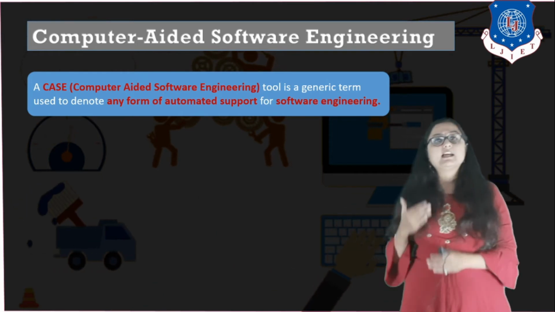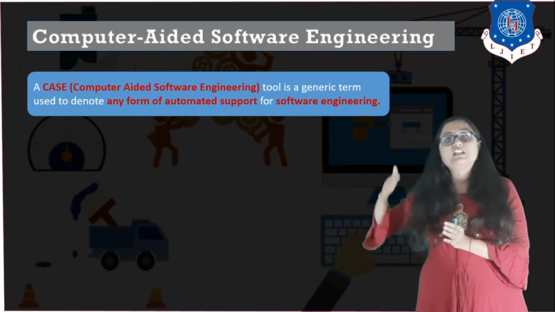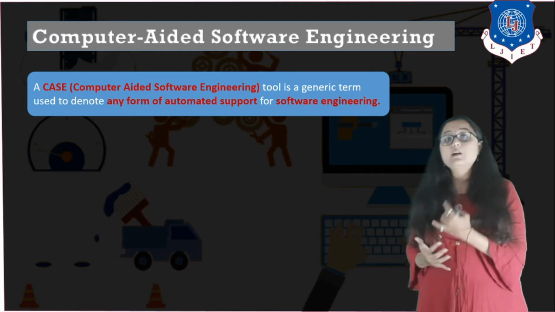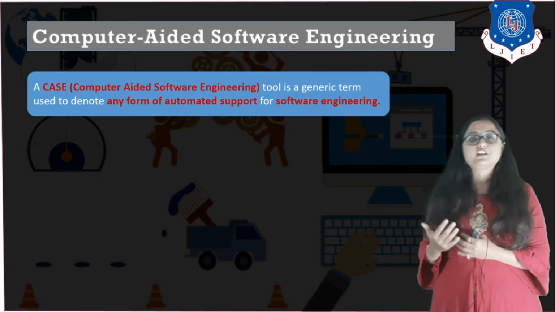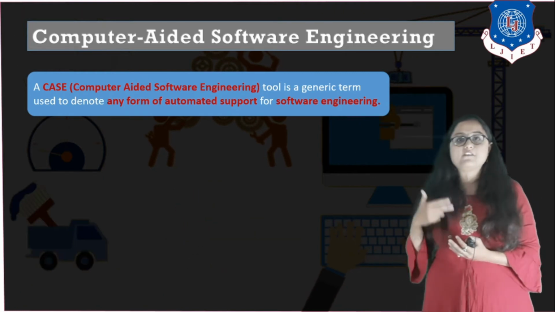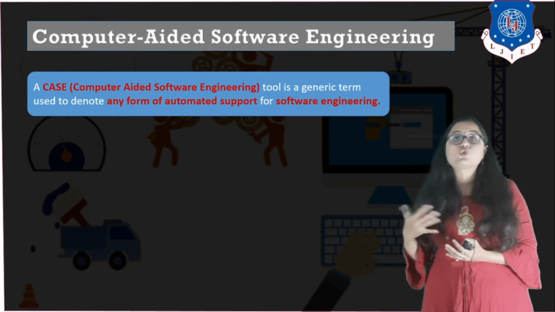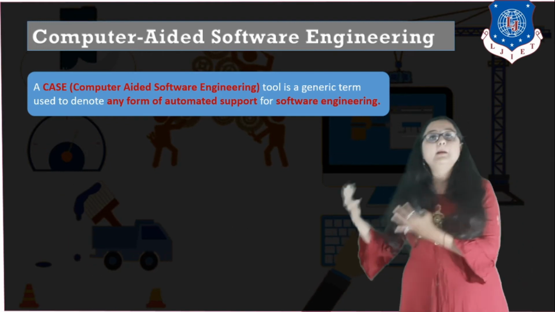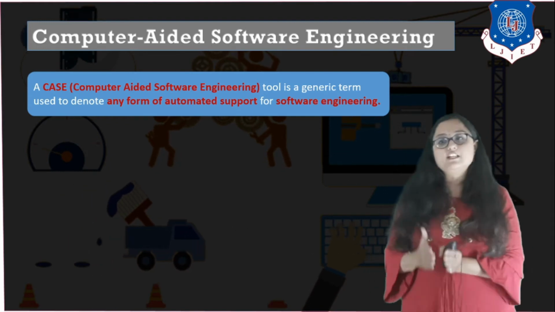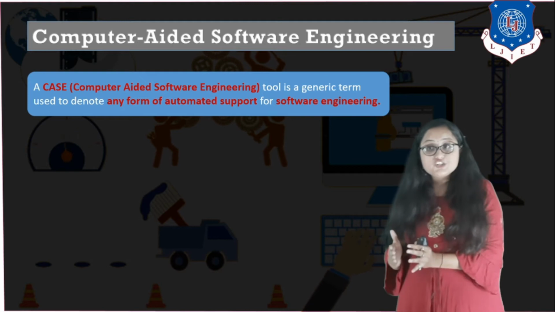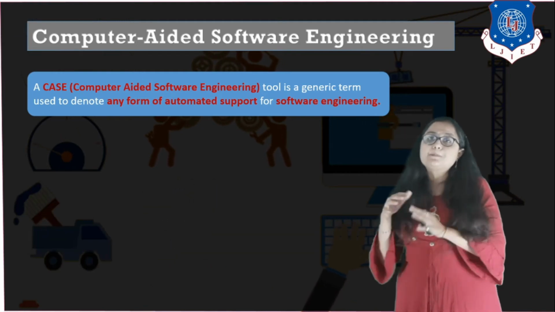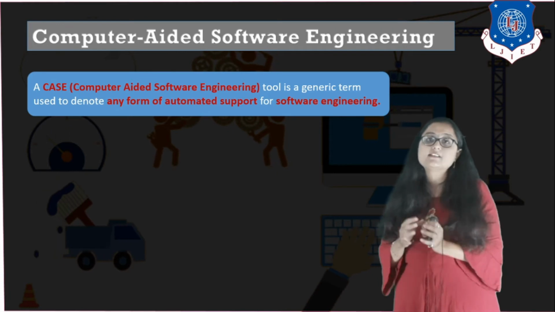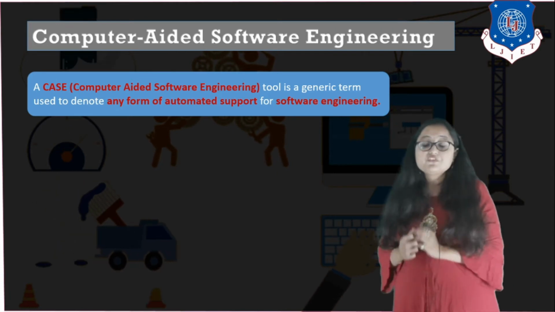We know that there are a number of different software engineering activities that are performed in different phases of software engineering, right? We know that there are different phases, like communication, planning, designing, coding, testing, and maintenance. So these are the major phases of software engineering, and there are numerous tasks that are performed in these respective phases.